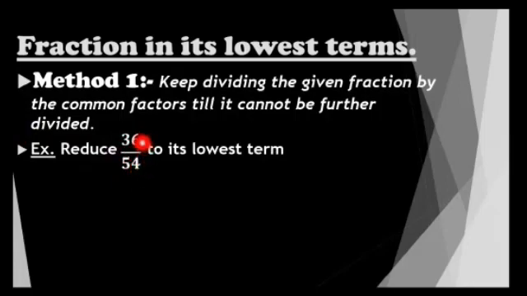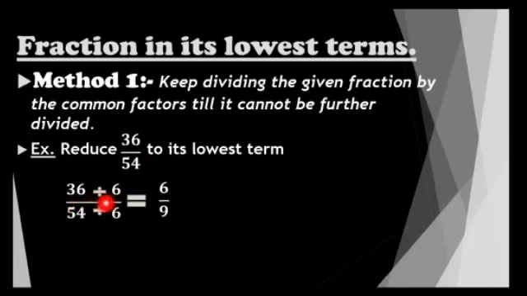So we need to take the common factors of both 36 and 54. 36 is divisible by 2 and 54 is also divisible by 2. And 6 is also a common factor of 36 and 54. So we divide 36 by 6 and 54 by 6, which gives 6 by 9.